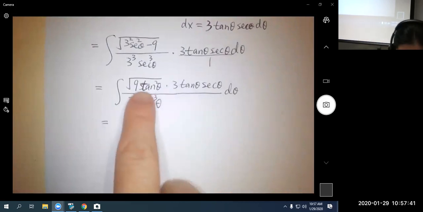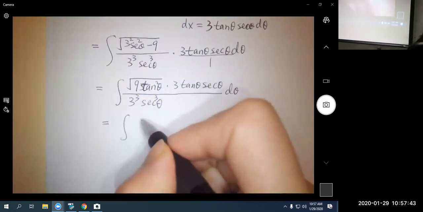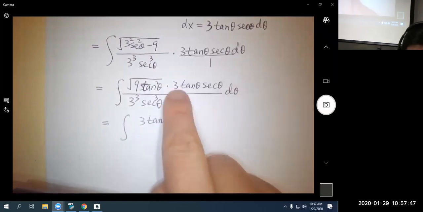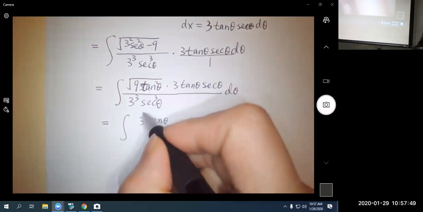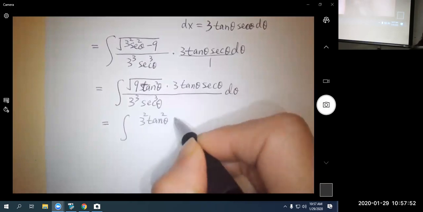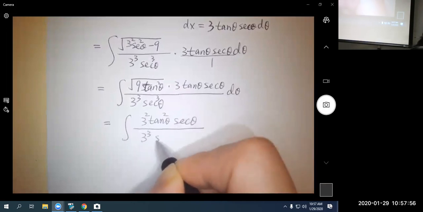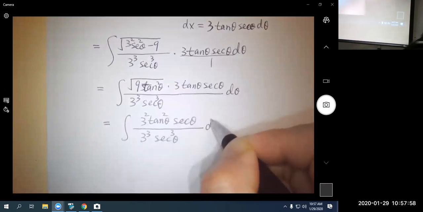Okay, getting rid of the radical gives us 3 times tangent theta. Together with this 3 tangent theta, we have 3 squared tangent theta squared secant theta divided by 3 to the cube secant theta to the cube d theta.